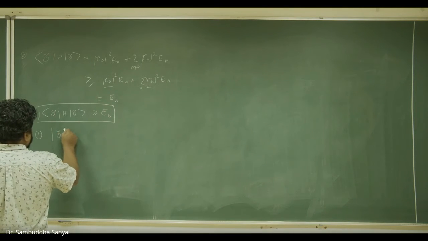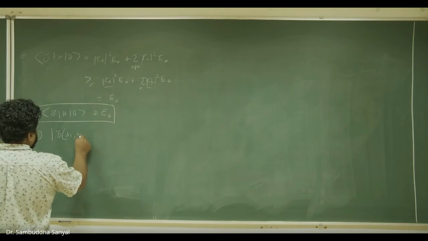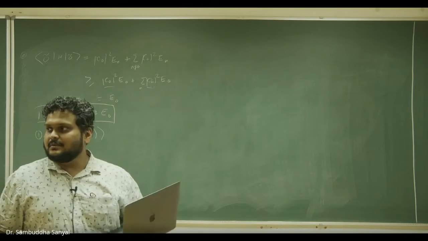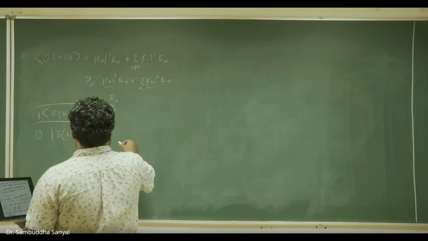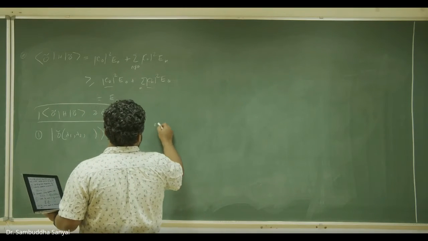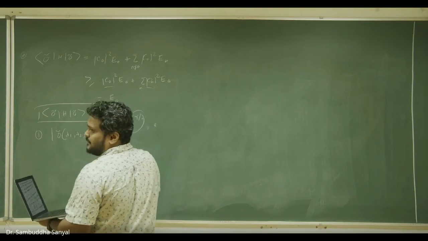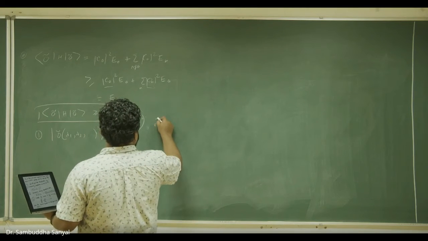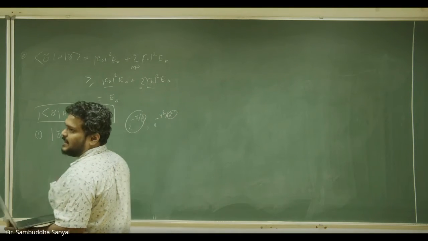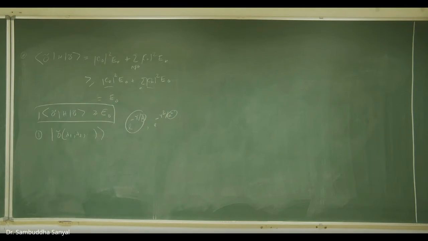So this could be, for example, if the ground state is of the form e to the power minus r by a, like a hydrogen atom type ground state, or if it is Gaussian, e to the power minus r squared by d squared, then these a and d are the parameters. That's what I mean by parameter.